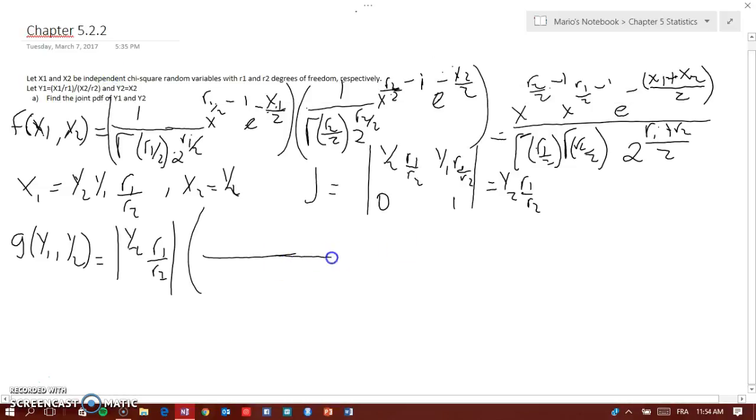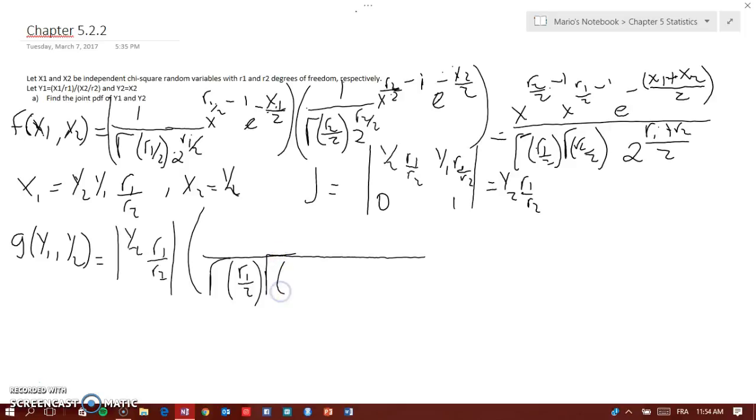I'm going to do the bottom part first, and then the top part later. So the bottom will be gamma R1 over 2 times gamma R2 over 2 times 2 to the R1 plus R2 over 2.